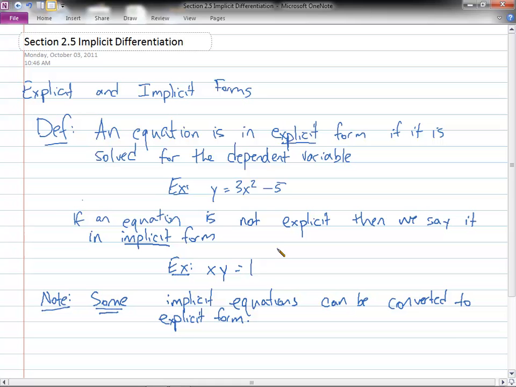And in those instances, if an implicit equation is easily converted to explicit form, then finding the derivative, doing the calculus, is actually better on the explicit form rather than the implicit form. Like this guy. Take this one, for example. If you have xy equals 1, then we can clearly solve that for y. y is equal to 1 over x, at which point we can then easily take the derivative.